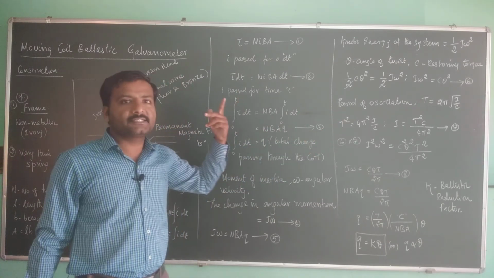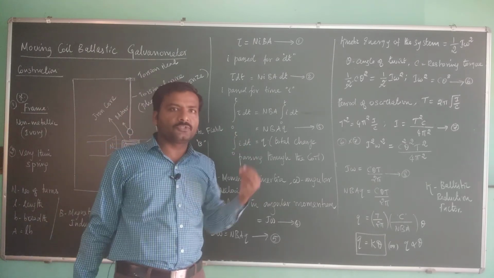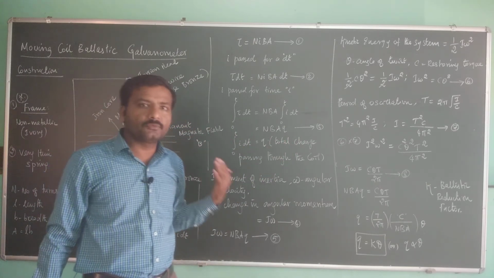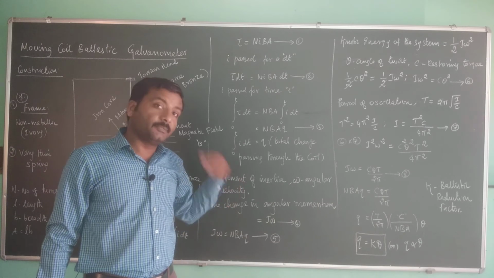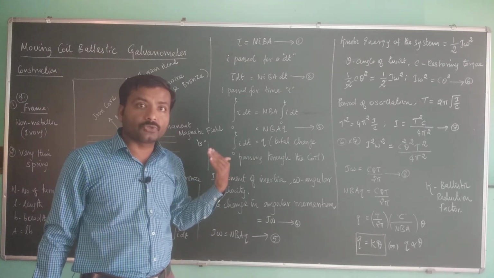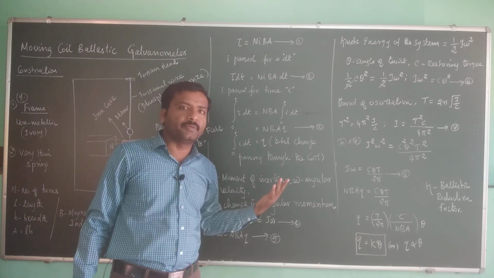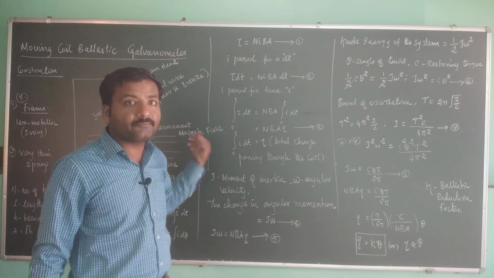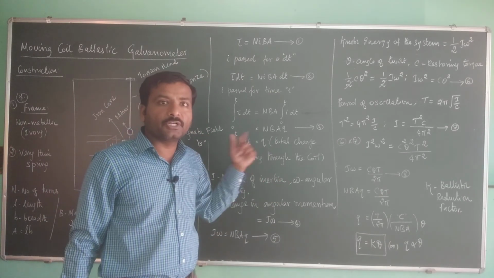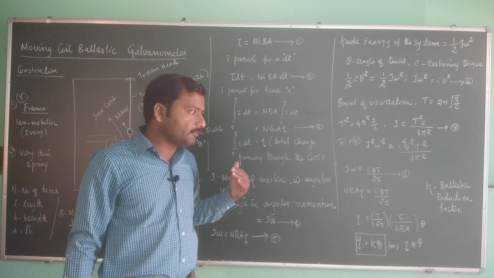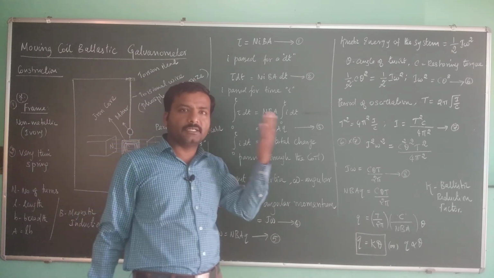While in the steady state galvanometer, that is the moving coil galvanometer, if you remove the current, it will come back to zero. There the coil is wound on a metallic frame. But here the frame is non-metallic.